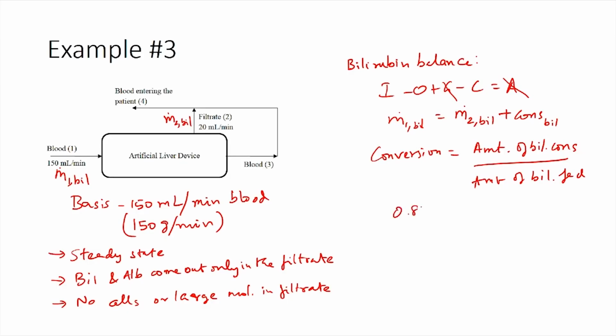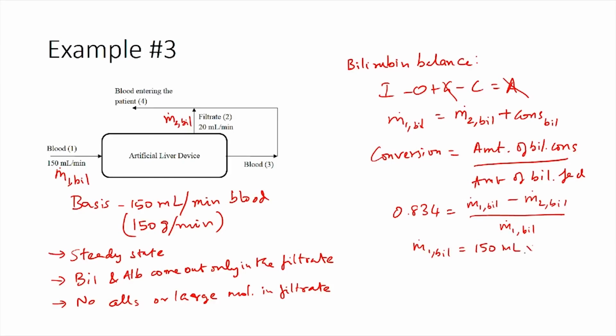Conversion is 0.834, which equals amount of bilirubin which is entering minus amount of bilirubin which is leaving, which is basically the amount of bilirubin consumed, divided by the amount of bilirubin which is entering, which is M1 bilirubin.